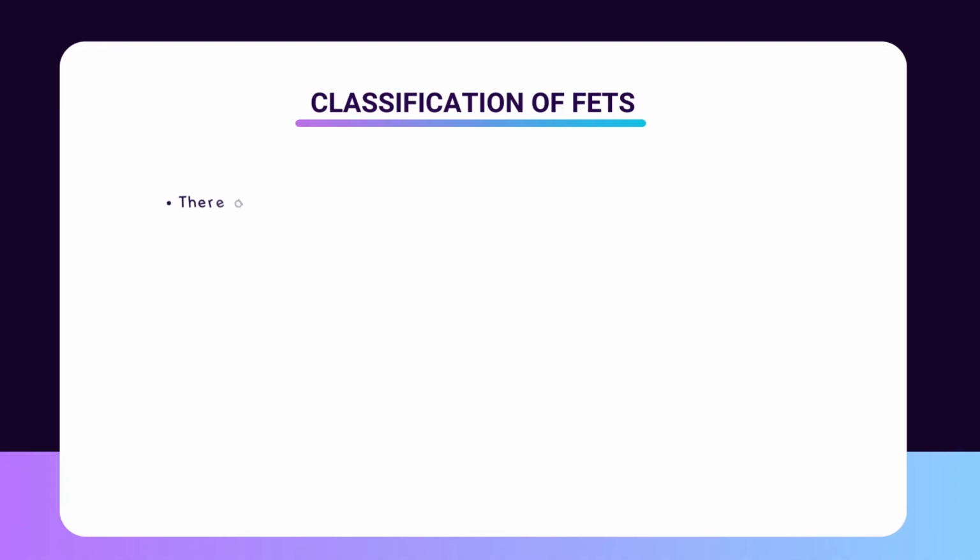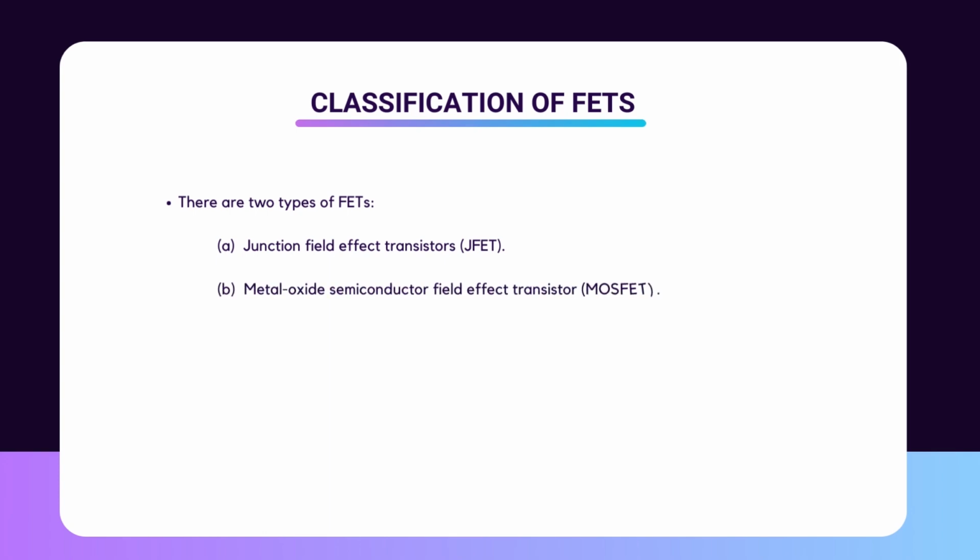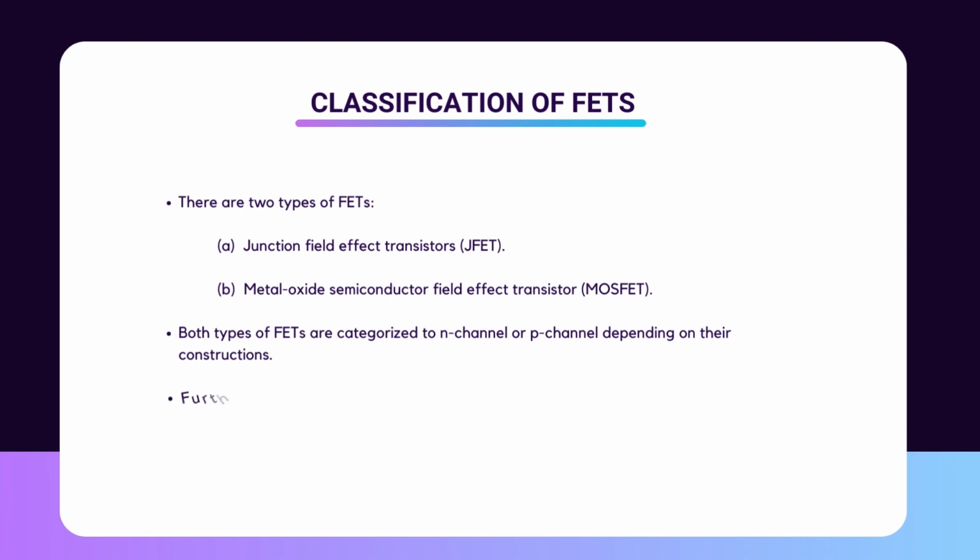There are basically two types of field effect transistors, FETs. One of them is the junction field effect transistor, referred to as JFET, and the second one is the metal oxide semiconductor field effect transistor, referred to as MOSFET.